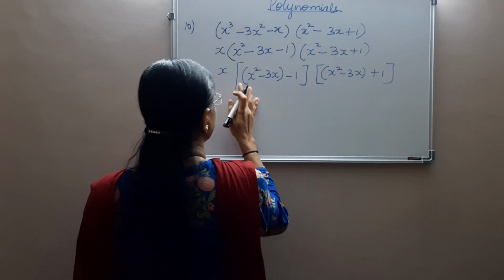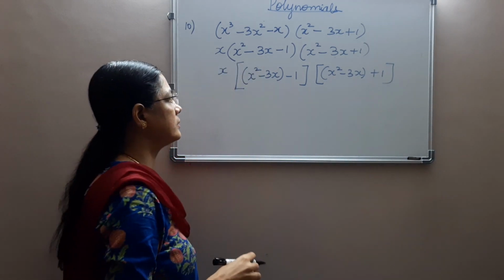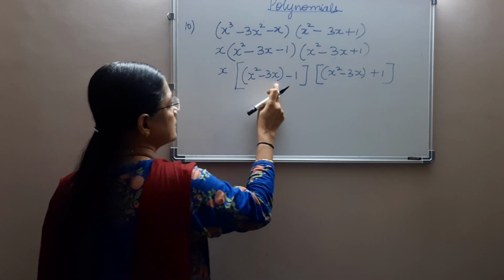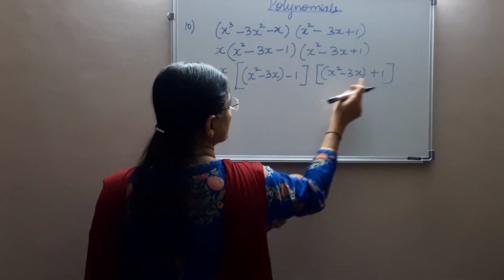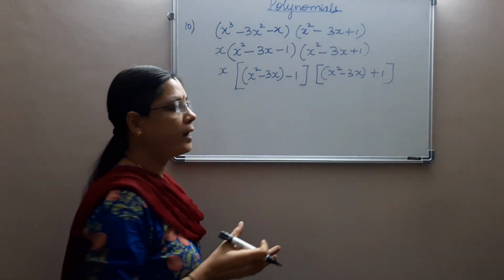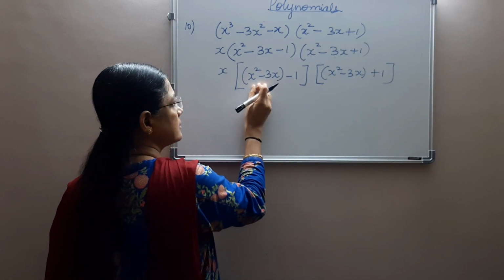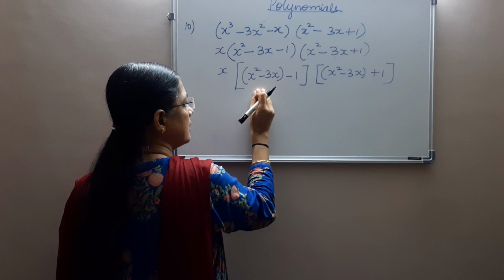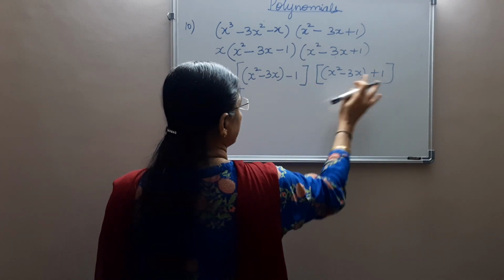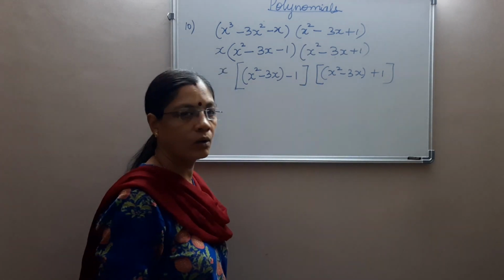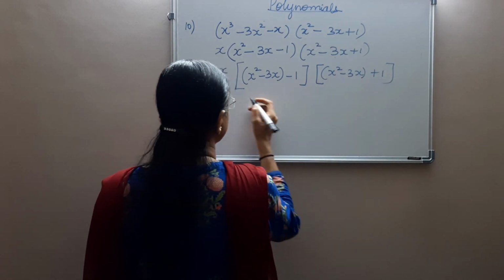See, I have made the same term look different. This is one term and this is one term, so minus 1 here and plus 1 here. Now you have just like a minus b and a plus b. See, a is this x squared minus 3x, and b resembles 1. So a minus b, a plus b.